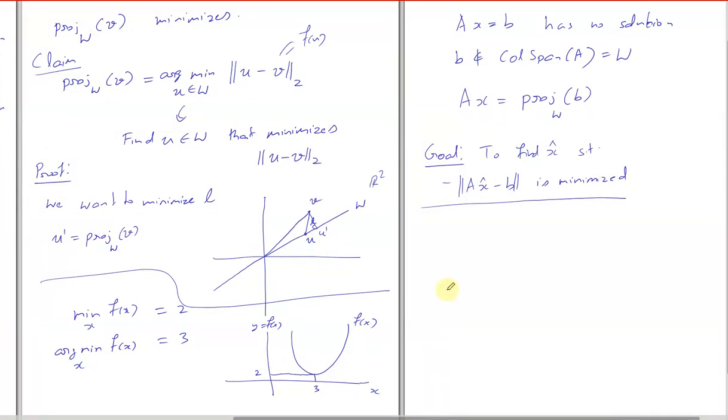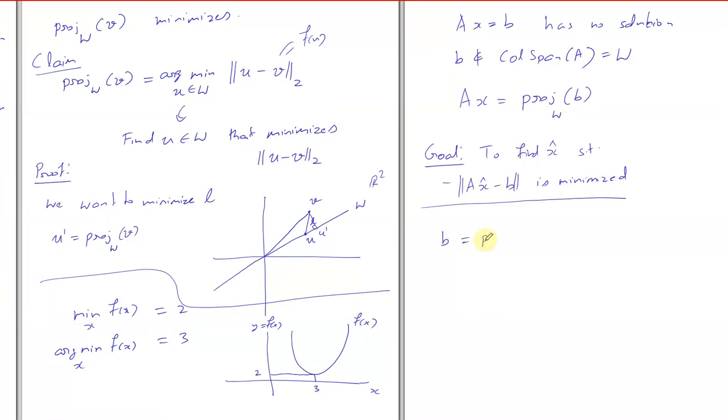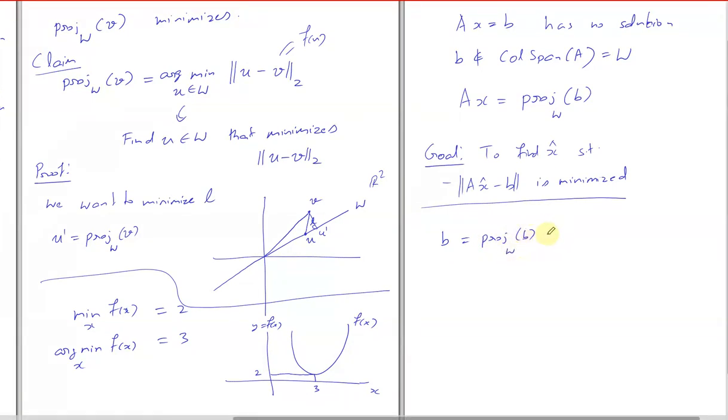You can always write B as the projection of B onto W plus the projection of B onto W perp, right?